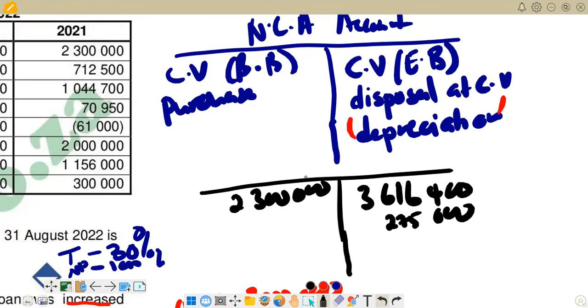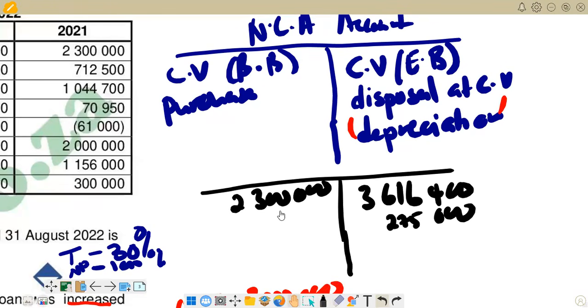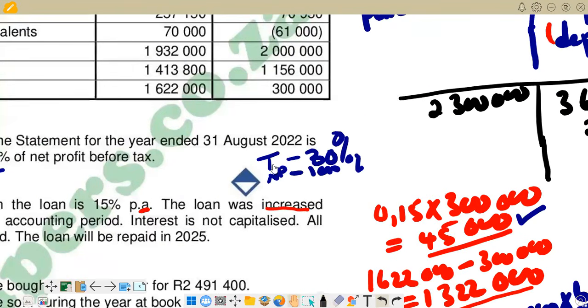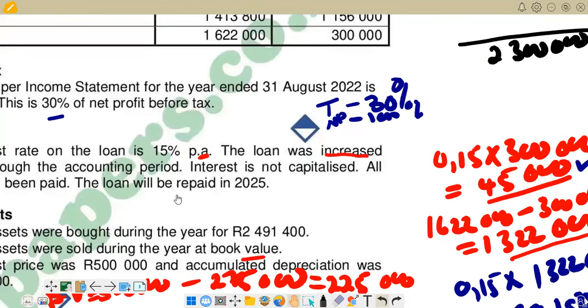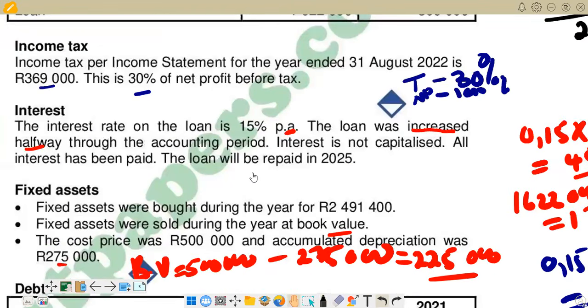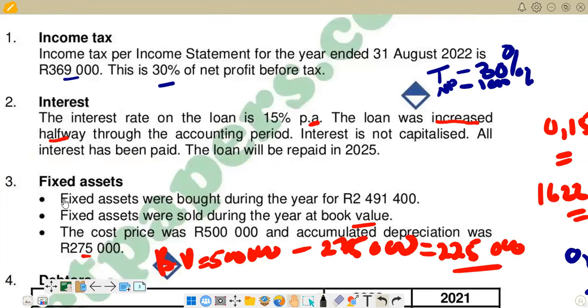Right. So with that, then we've got the purchase. The purchase at cost is on the debit side. We check it again in the question, what amount we have for the purchase at cost. You see that we are given that figure there, the first point on item 3: fixed assets were bought during the year of 2,491,400.